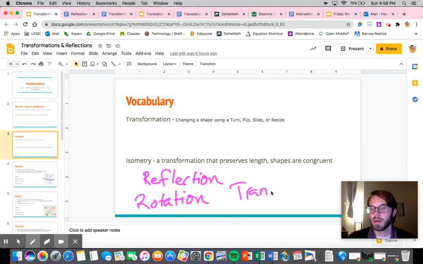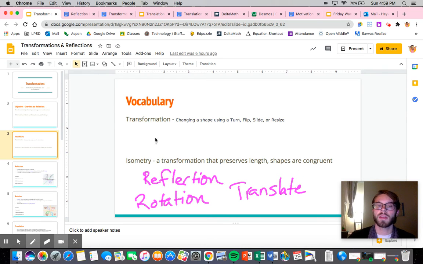Okay. So ultimately, what we're doing with these is we are looking at the fact that they retain distance and length. So that is very important for us because that means the shapes will stay congruent. They might not be in the same orientation, in terms of now we have A pointing up as opposed to before where it was off to the side, but they are congruent shapes.